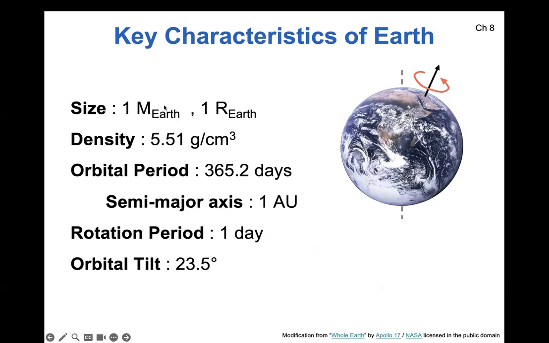So the planet has a size of 1 and a radius of 1. But of course, those are not in metric based units. This is more of comparative units as we talk about the solar system, because when we talk about other planets, we're going to want to compare them to Earth. It's a natural reference. And so it's very common, just as we have the astronomical unit, which is an Earth based unit because it's how far Earth orbits the sun.